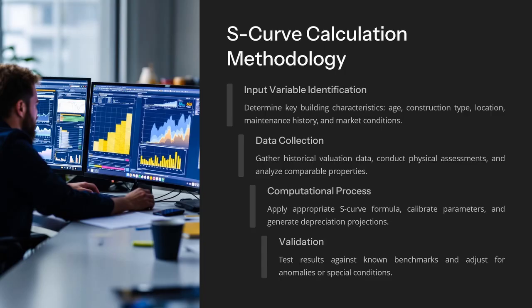Apply the appropriate S-curve formula, calibrate parameters, and generate depreciation projections. Then based upon the test results against known benchmark, you will have to validate these results, and if some adjustment has to be done, then you will adjust for the anomalies and special conditions. In this way, you will calculate the required data for S-curve calculation.